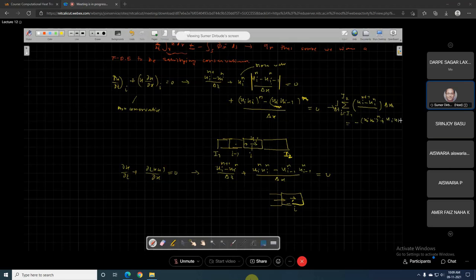If you see ui minus 1 minus ui, these are not cancelling when I runs from I1 to I2. So this sum is not equal to 0.